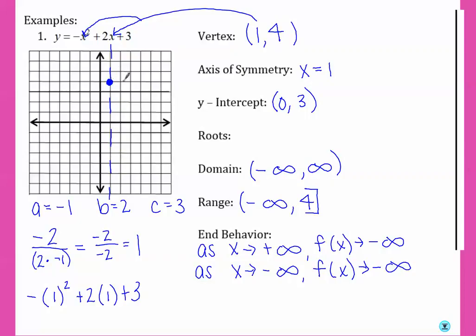So 1 squared is 1, so we go over 1, down 1. 2 squared is 4, down 4. 3 squared is 9, down 9. And that's all we can fit on this graph paper. So we're going to reflect them over and connect our dots to make our parabola.